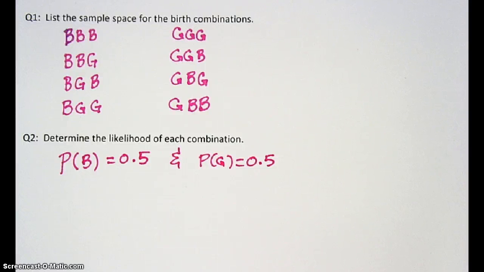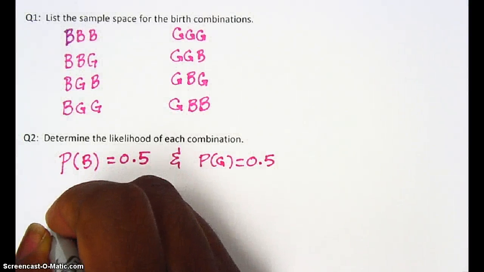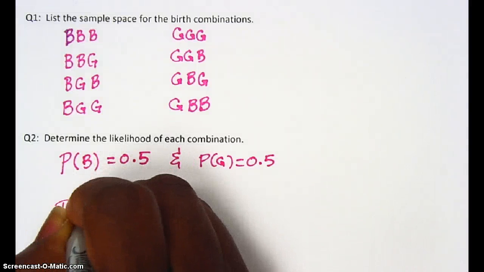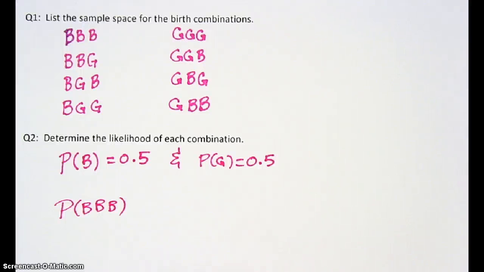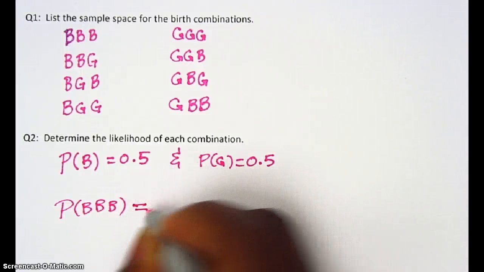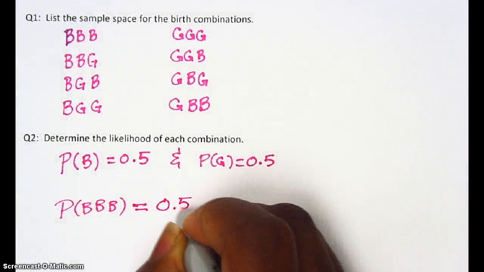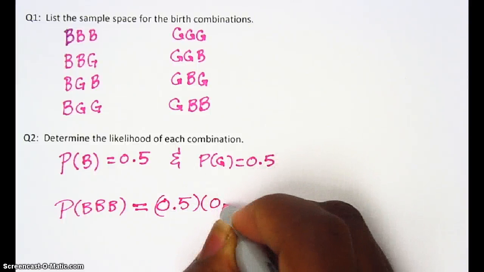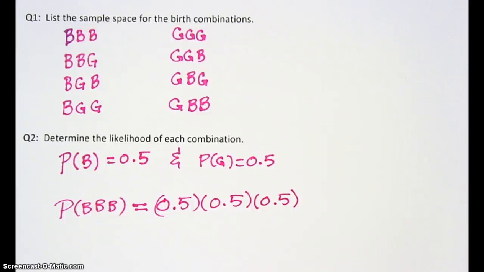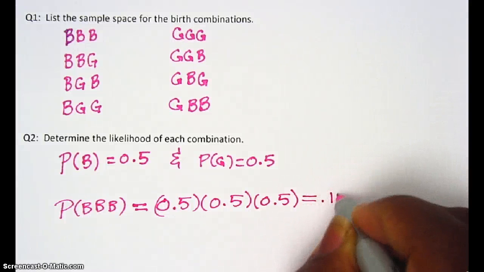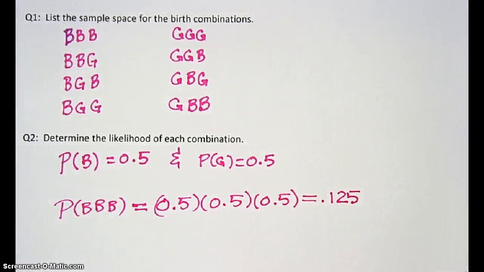So, when I want to have 3 boys, the probability of boy, boy, boy, these are all independent events. So this is a result of having 0.5 for the first boy, 0.5 for the second boy, and 0.5 for the third boy, which is a probability of 0.125.